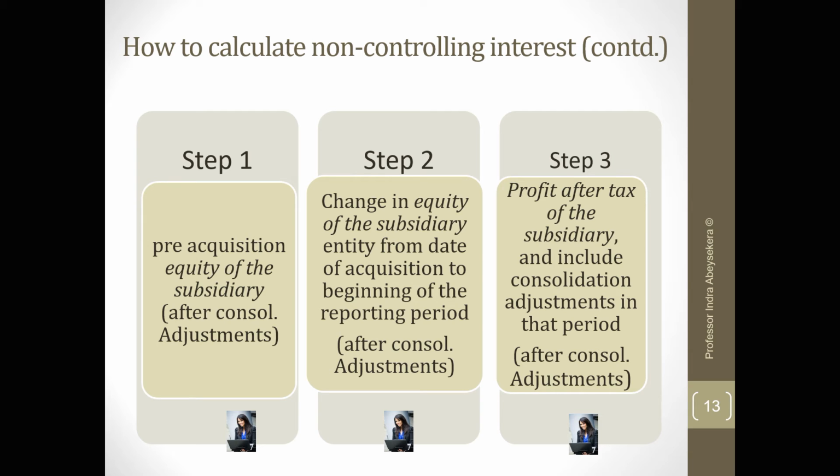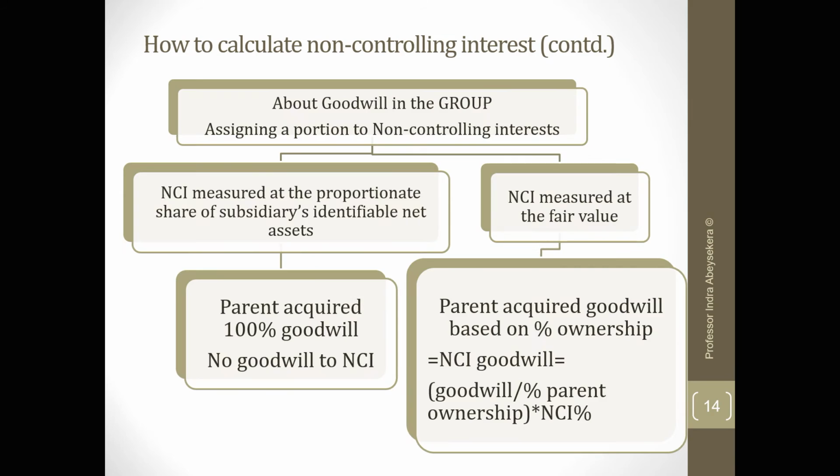Change in equity of the subsidiary from the date of acquisition to the beginning of the reporting period, after consolidation adjustments, we must give their portion to non-controlling interest. And step three is the profit after tax of the subsidiary, after adjusting for consolidation adjustments, then we give a portion of that adjusted profit after tax to non-controlling interest.